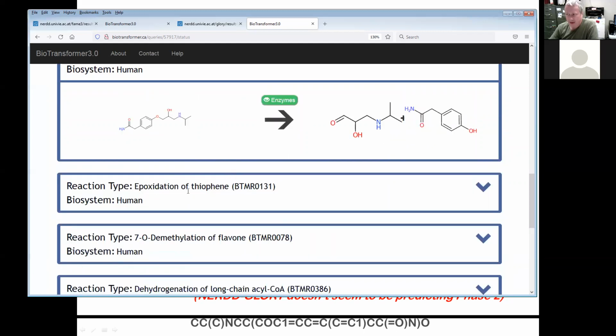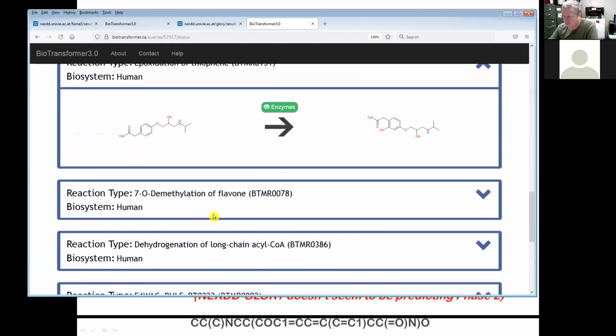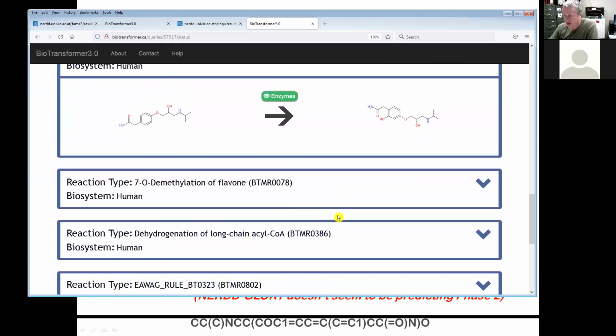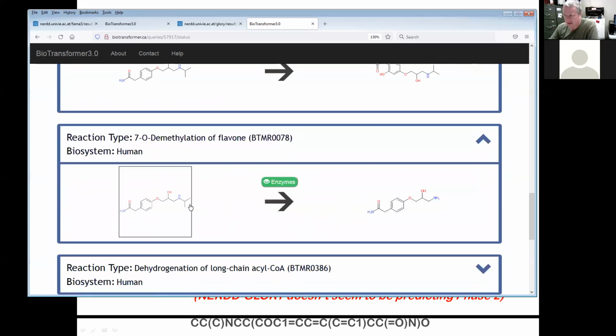That's cool. Epoxidation of a thiophene, let's see. Which is weird because I don't see a thiophene here. I don't know. Oh, this is just another aromatic hydroxylation. O-demethylation. This is the one I was talking about earlier.